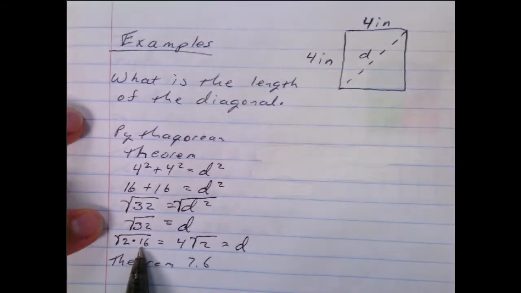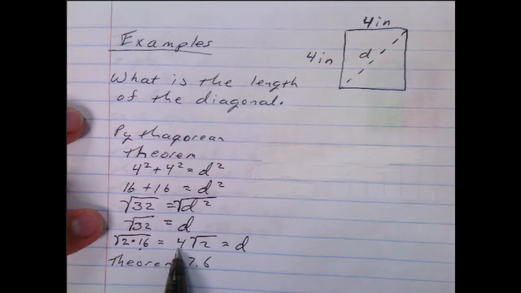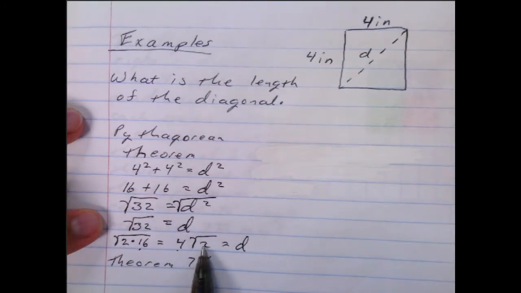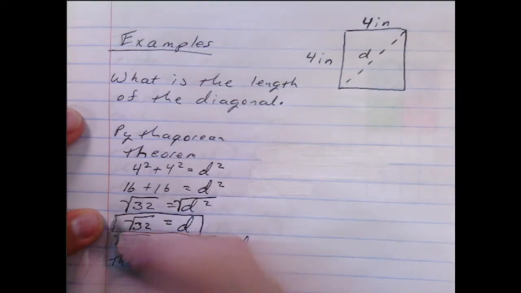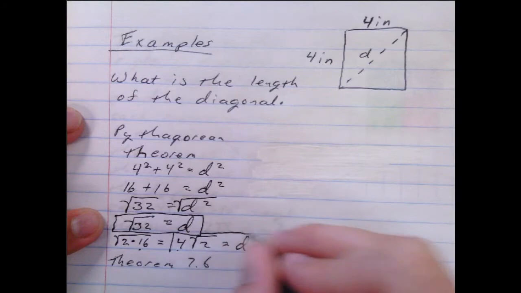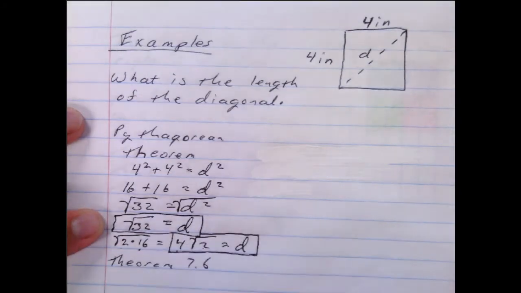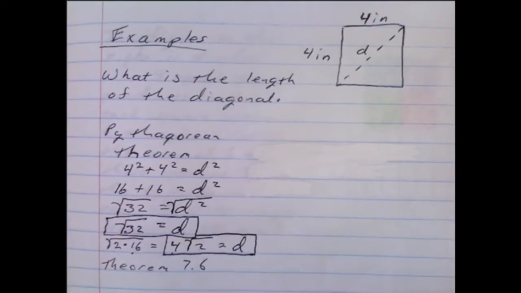Because the square root of 16 is a perfect square, which is 4, so we're left with the 2 inside of our radical. Okay, so you can leave it either way, but we will be practicing simplifying those radicals. Okay?